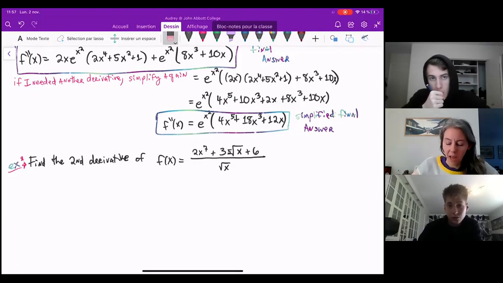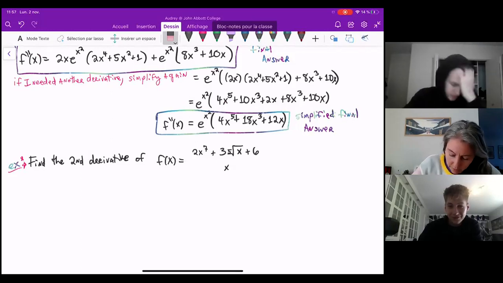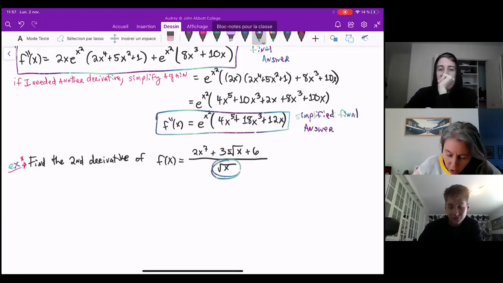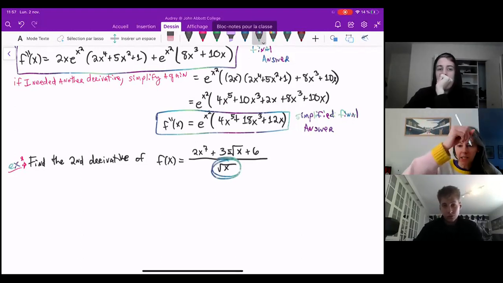I can. And this is a thing you're going to do when you have one term on the bottom. So one term in the denominator, we can distribute it to each of the terms in the numerator.